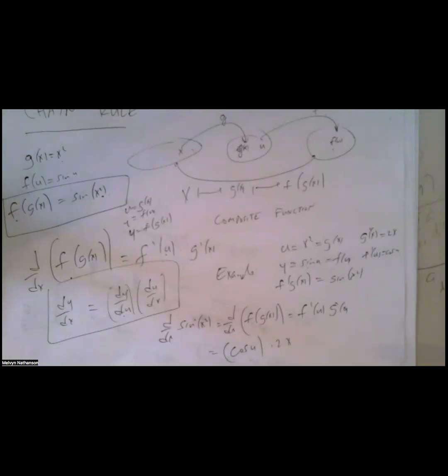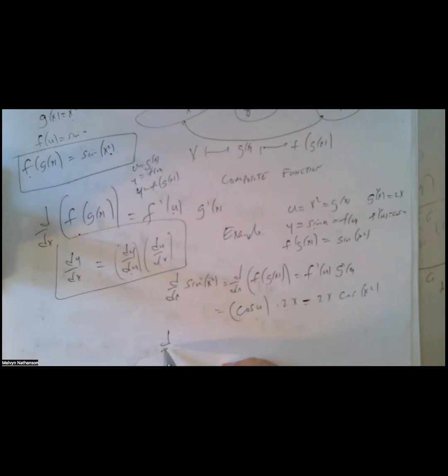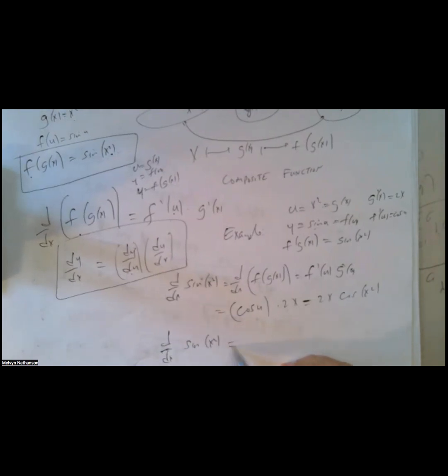That's almost the answer, but we want the answer in terms of x. So we replace u by x squared, and I'll write the 2x in front: 2x times the cosine of x squared. And that's the answer. The derivative of the sine of x squared is 2x times the cosine of x squared.